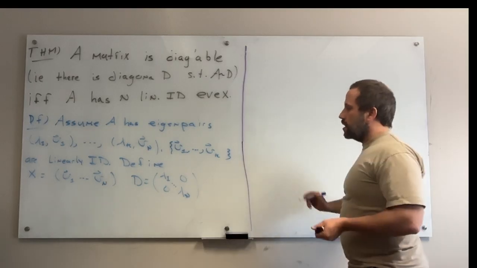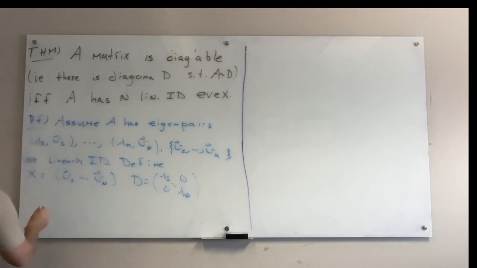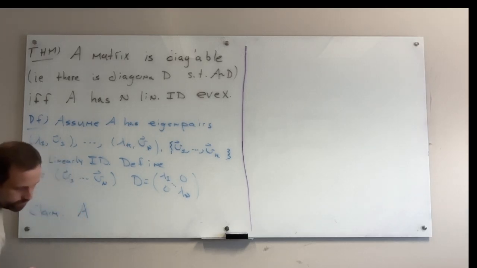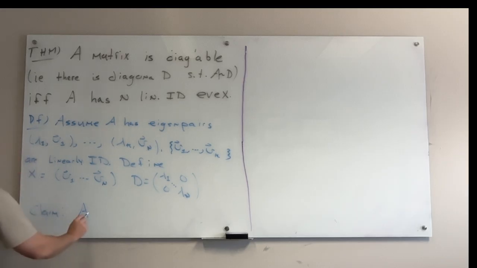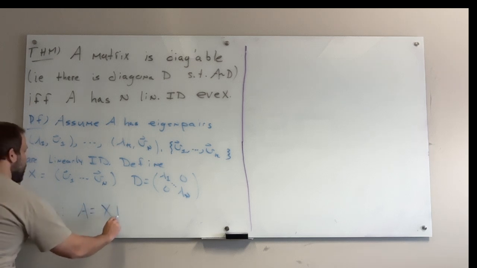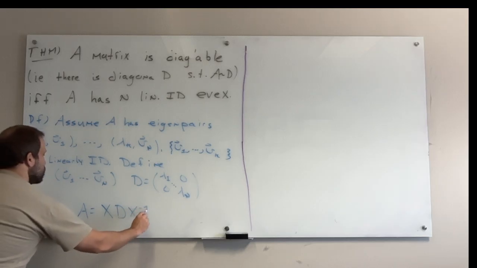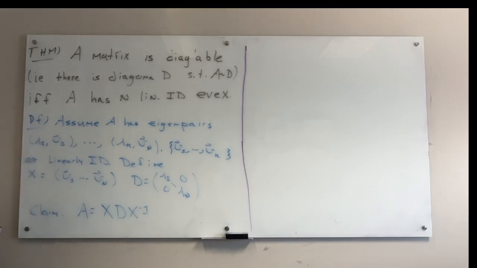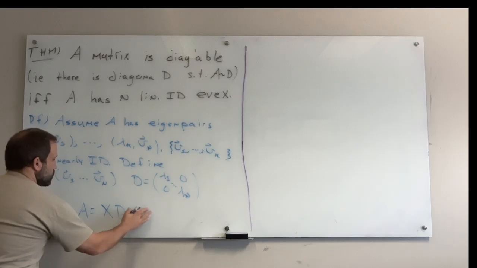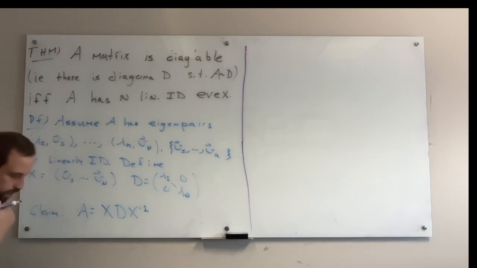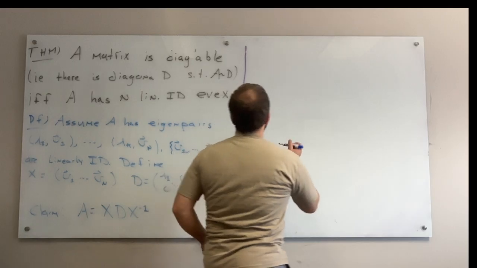My claim is that A is equal to X D X inverse. So why is this true?